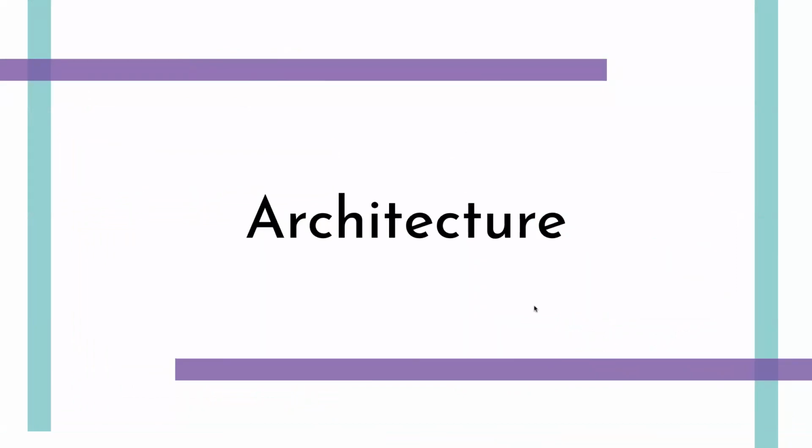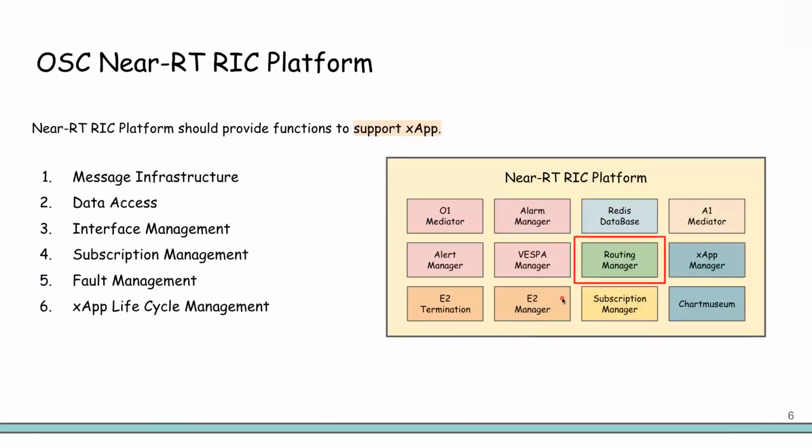Okay, let's see the architecture. OSC implements this Near-RT RIC platform with several components. You can see in this figure there are several components. On your left-hand side are the functions provided by this OSC Near-RT RIC platform.